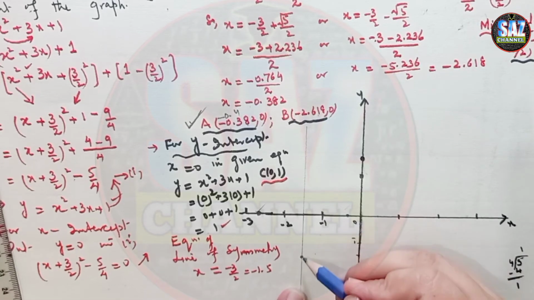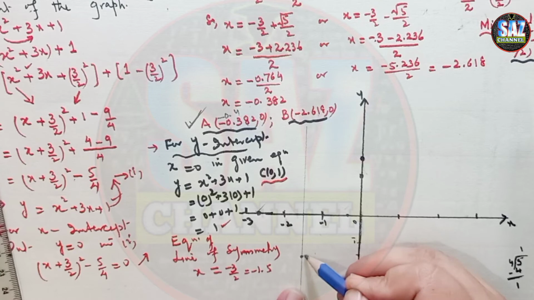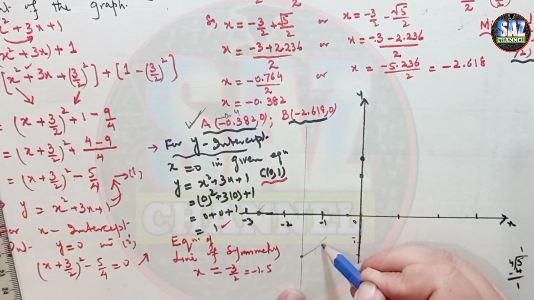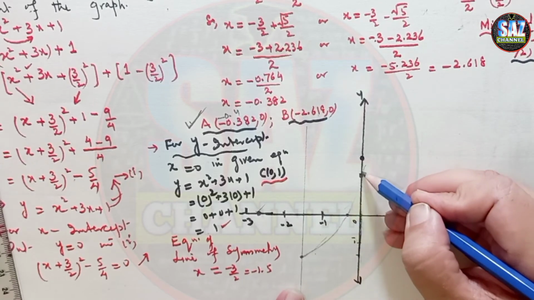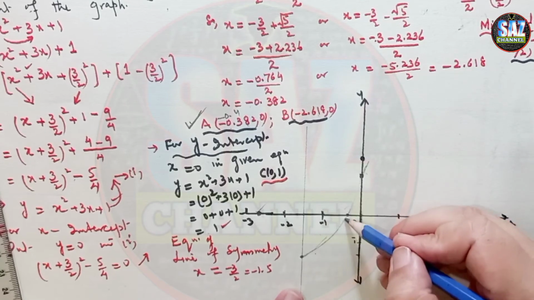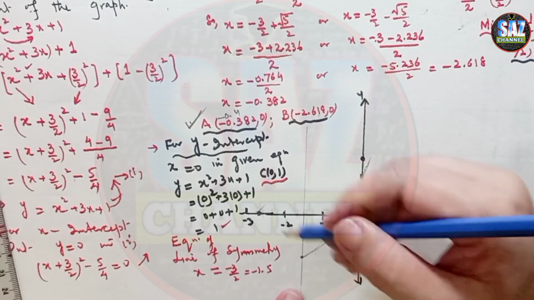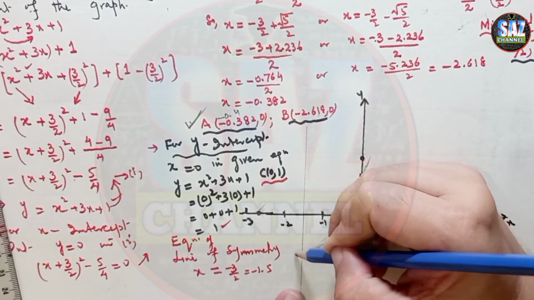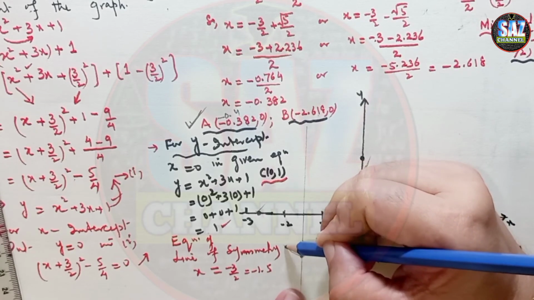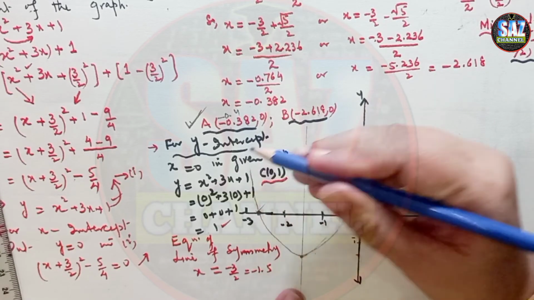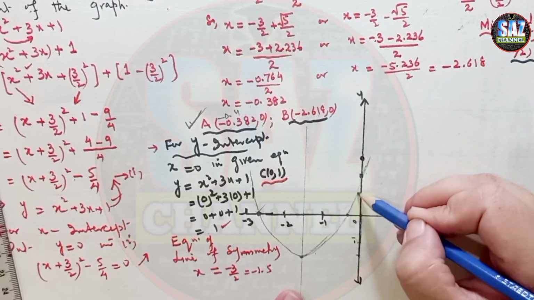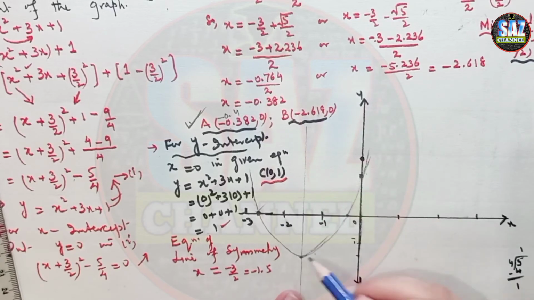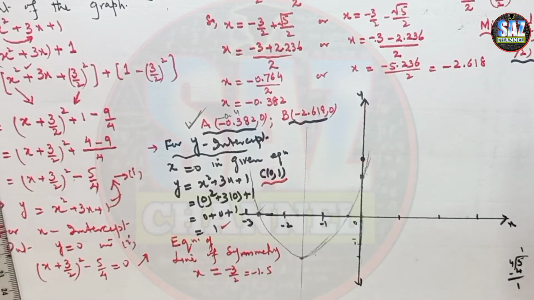And then we have to join all these points through a smooth curve, but in the beginning with a light pencil, not with a hard pencil. And then after getting a good curve, a proper U-shape curve, yes, although my working has mixed up with the graph, don't worry, I hope my students will understand this easily.